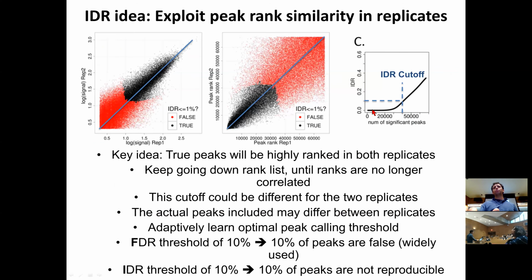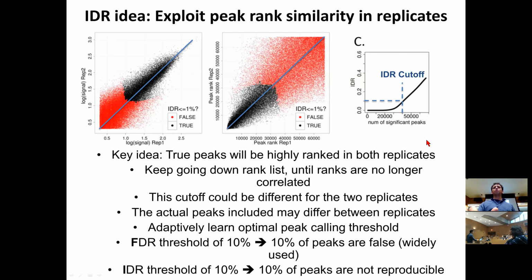And then the cutoff will be different for the two replicates. If I go down my very good experiment, and I notice at some point my peaks stop replicating, that basically means I should stop here. Here I stopped at 50,000 peaks, even though only 10% of them were captured by my weaker experiment.